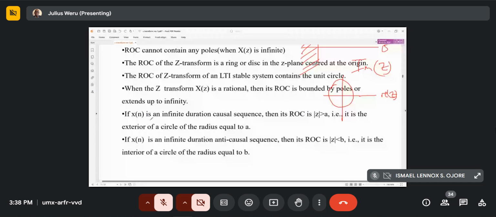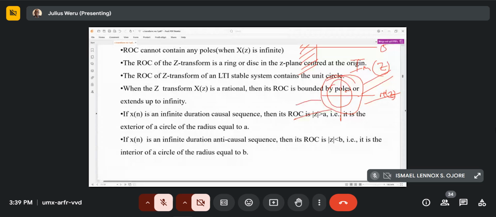If x[n] is an infinite duration causal sequence, depending on the sequence, the ROC, this is what we were saying, is |z| greater than a, the exterior of a circle of radius a.